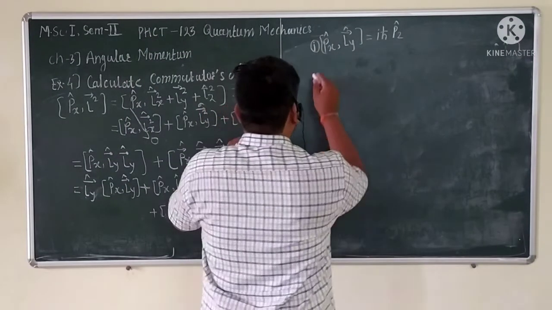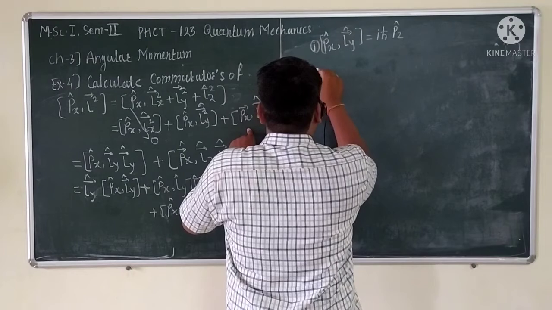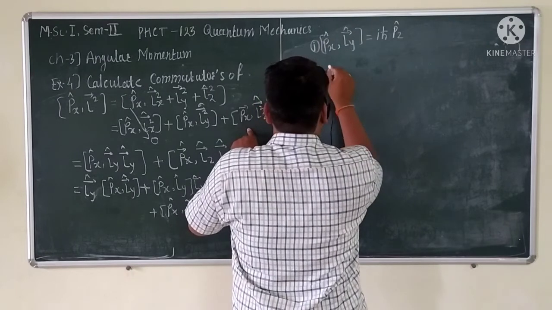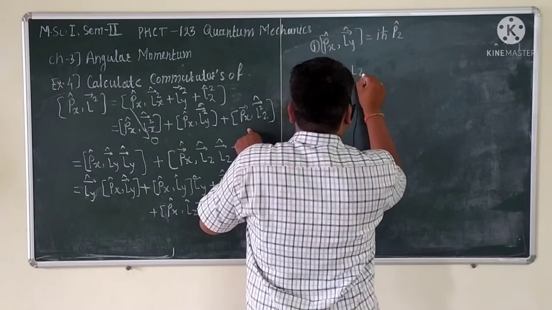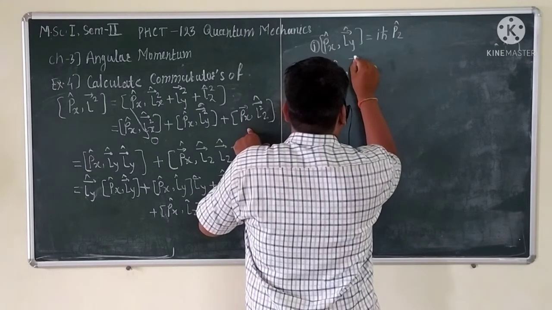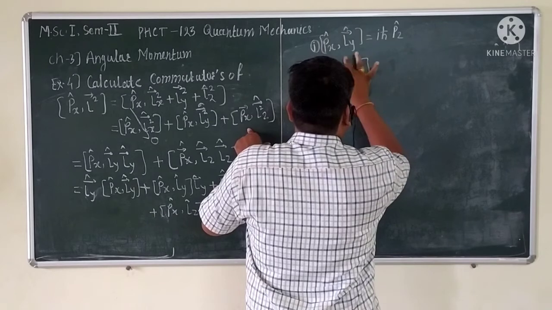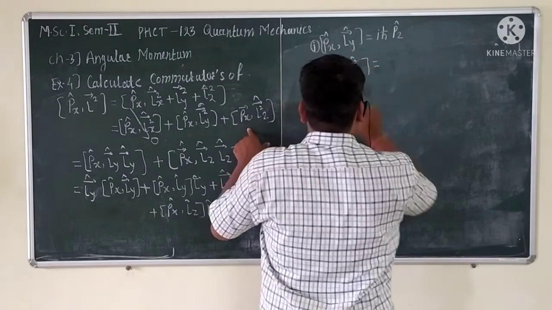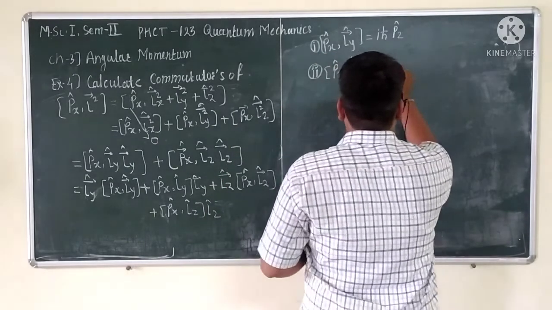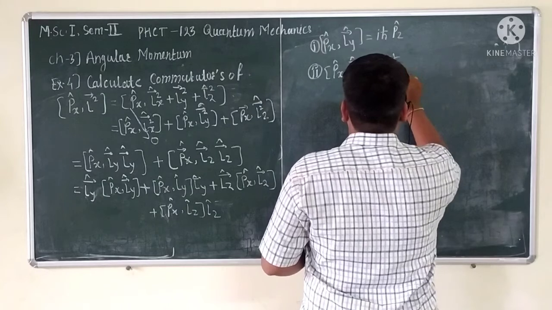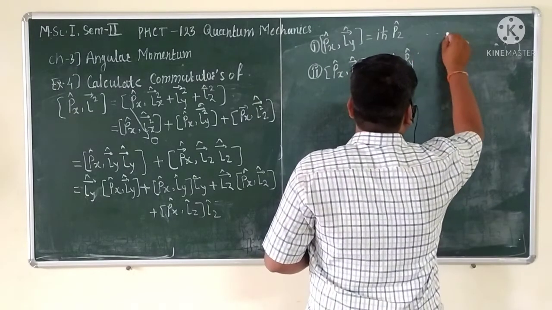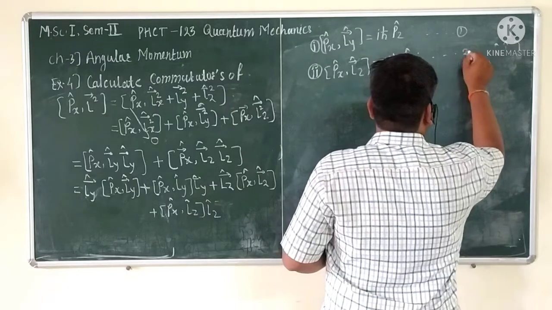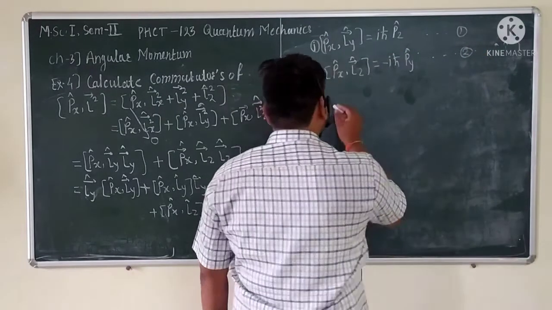So this second property which is taken here, [Px, Lz], is nothing but minus iħ Py. Okay, so this is equation number 1 and this is equation number 2.